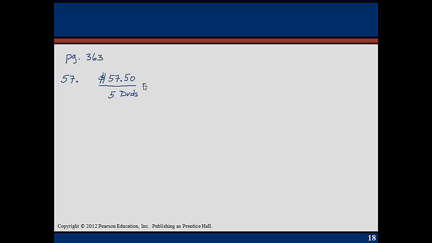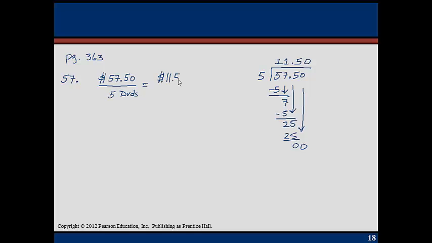Now, because it's a unit price, we have to divide the numerator by the denominator. So $57.50 divided by 5. And we end up with $11.50 per DVD.